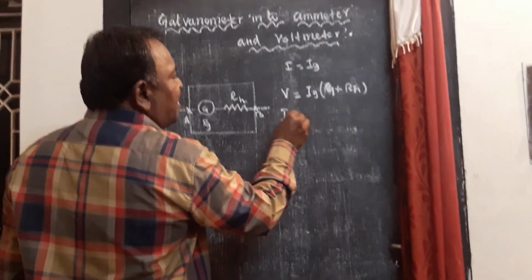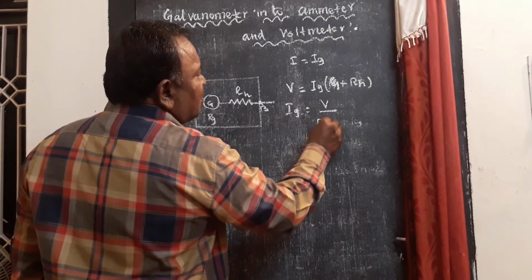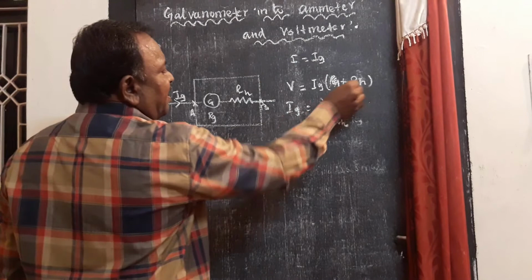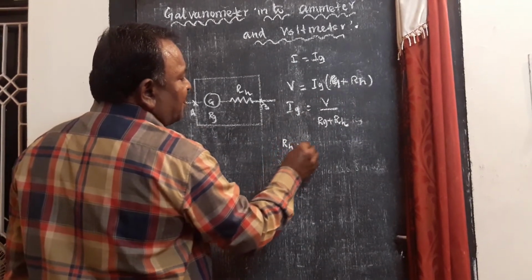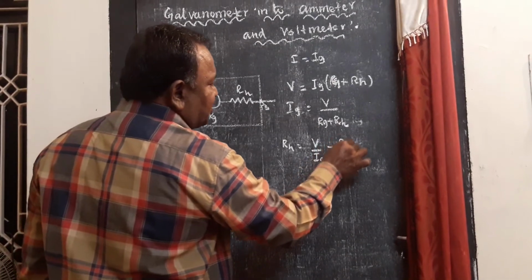Therefore, Ig is equal to V by (Rg plus RH), or I can say RH is equal to V by Ig minus Rg.